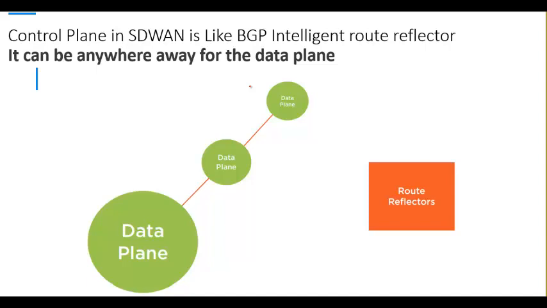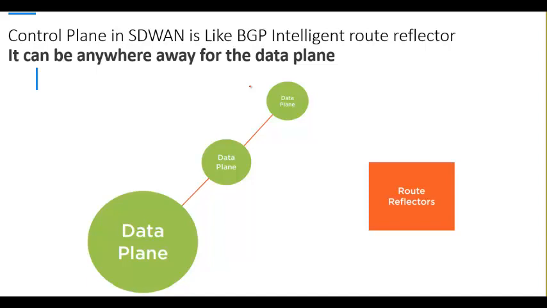I'm not talking about SD-WAN, I'm talking about layer 3 MPLS VPN. There will be two PEs between which the tunnel is established. But the routes are given through a middle guy who is a route reflector. Route reflector's job will simply reflect the route from one PE to other PE.